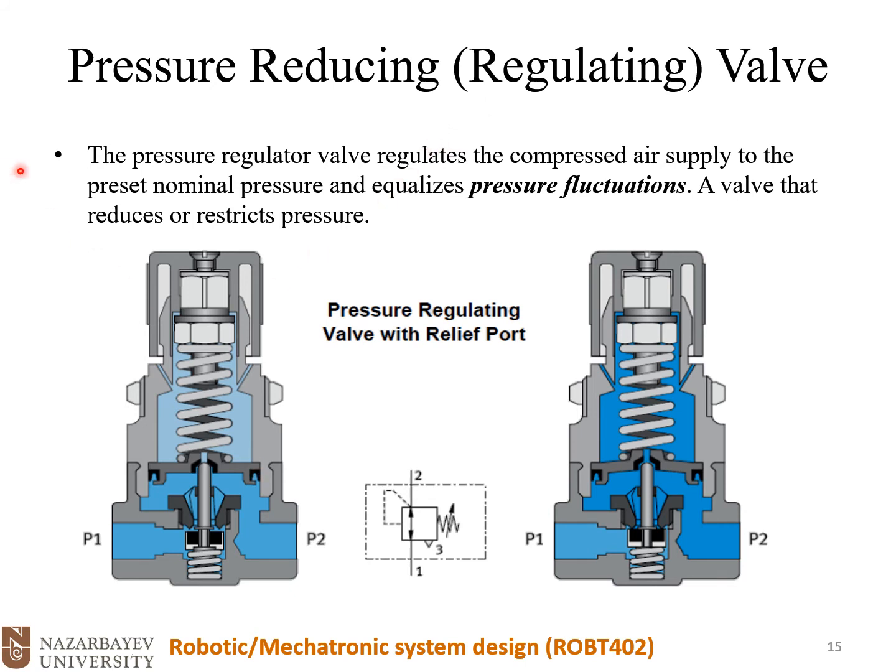So let's see how it works here, and I will explain the symbol. Here we have a schematic diagram, or the cross section, of a pressure regulating valve with relief port. We have an input port, connected to the output of a compressor, and an output port P2, which is connected to the main line of our system.